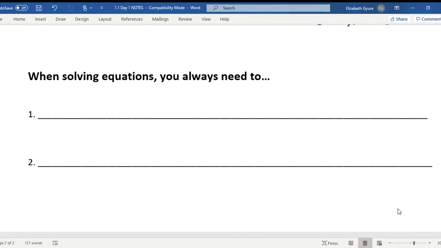I promise. So last thing we're going to fill in, when solving equations, we need to do 2 things. 2 main things we need to remember. Thing 1 that we need to remember is we want to get the variable by itself.